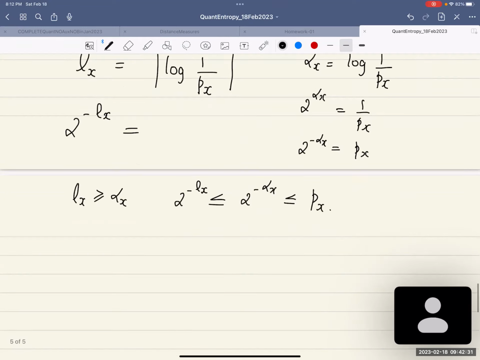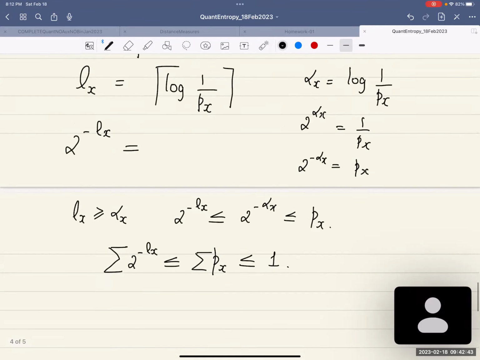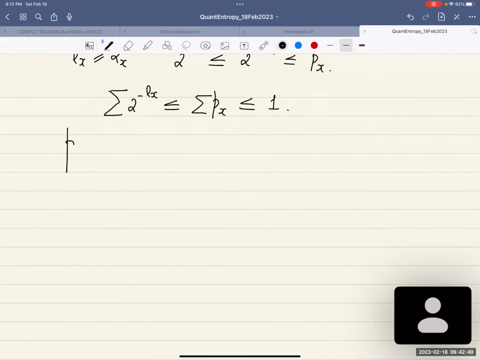So if I sum over 2 power minus Lx, I'll get something less than the summation over Px, which is less than or equal to 1. Okay. So this gives you an assignment for the lengths. The moment you have a distribution Px, you just choose your Lx to be the ceiling of log 1 by Px, and you get a candidate satisfying the Kraft inequality.